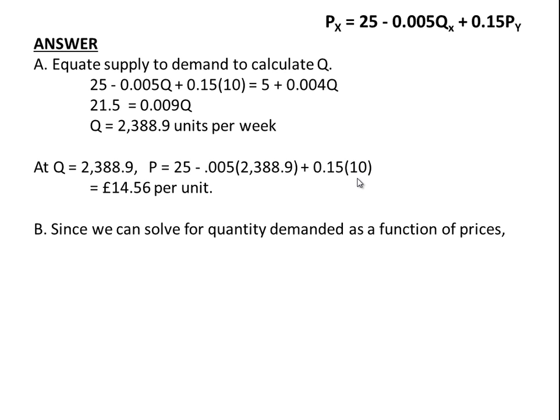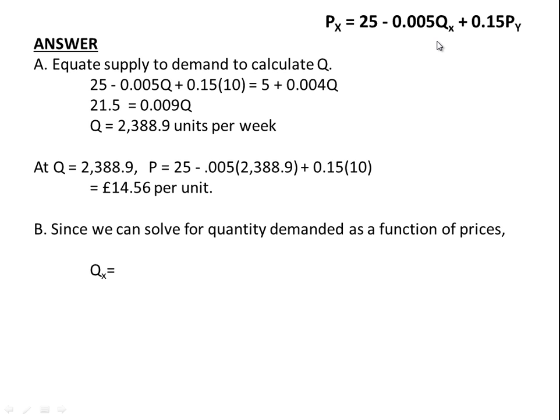The other part of the answer is, can we tell what the relationship is between the Y and X? Because we can solve for the quantity demanded as a function of price. In other words, turn this equation on its head.